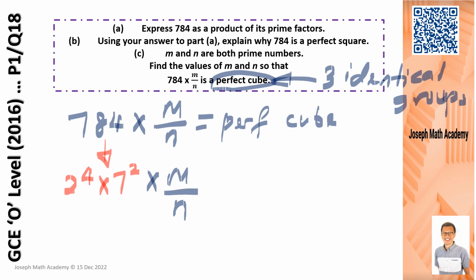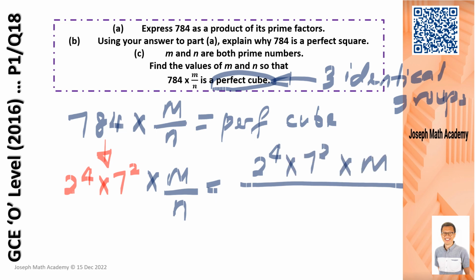Now I'm going to rewrite this as a fraction with one numerator and one denominator. The numerator becomes this, and the denominator is just n. Just re-expressing it. Now, what are the values of m and n so that there will be 3 identical groups? 3 identical groups means there must be 3 sets of identical number 2 and 3 sets of identical number 7. All right, I'm going to rewrite this by expanding it.